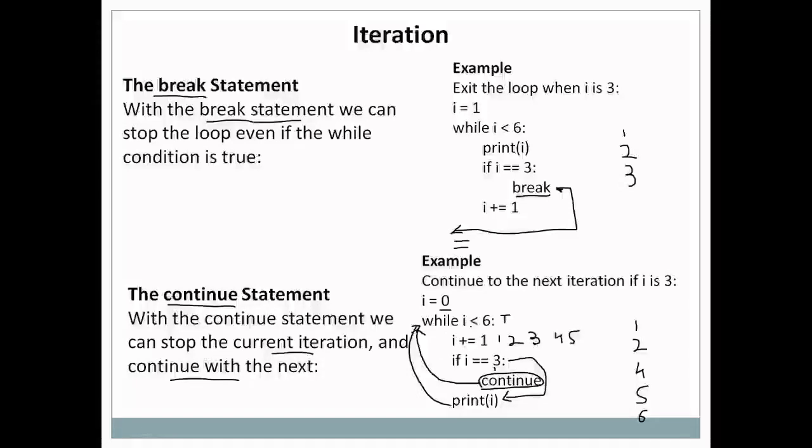Again 5 is less than 6. The condition is true. Then I is incremented. I will become 6 here. And it will print 6 because 6 is not equals to 3. And when I will become 6, 6 is less than 6, the condition will be false and it will come out of the loop. So this is what we will get at the end.